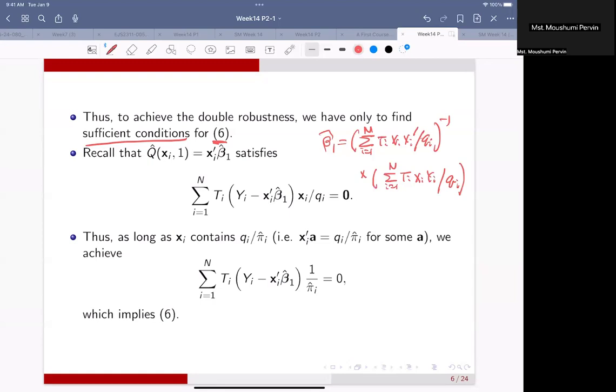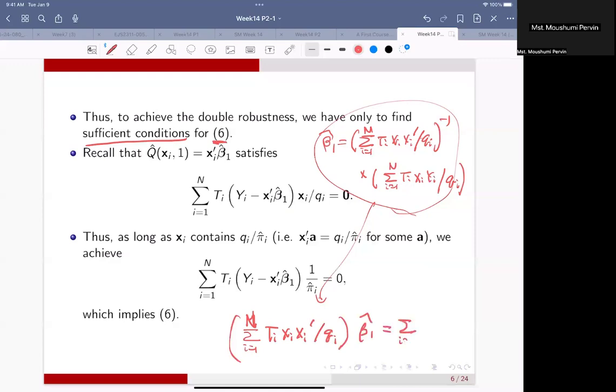Okay, and so that means you can just rewrite the estimation formula.